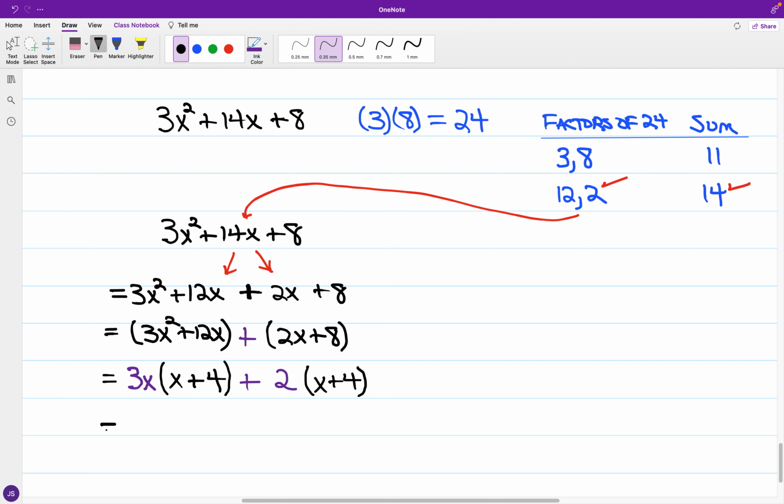Notice that upon splitting up 14x and drawing out the greatest common factor from each pair, we have x plus 4 common to both pairs. In consolidating, one factor of this trinomial is the shared factor, which is x plus 4.